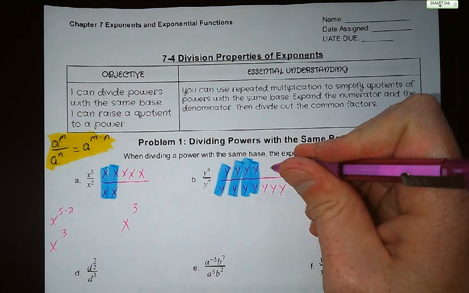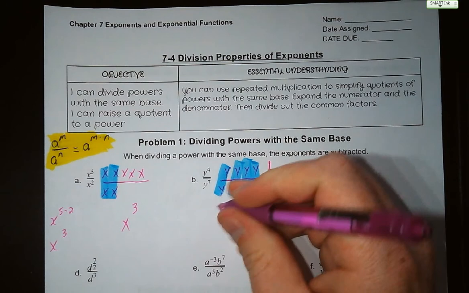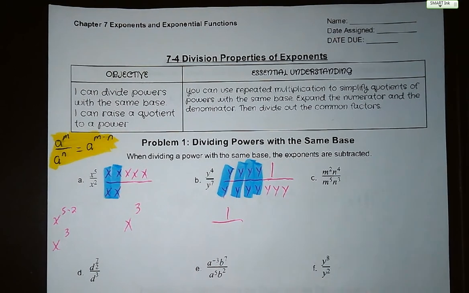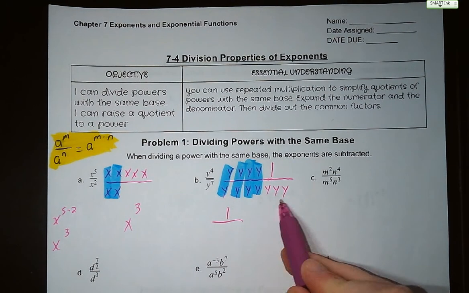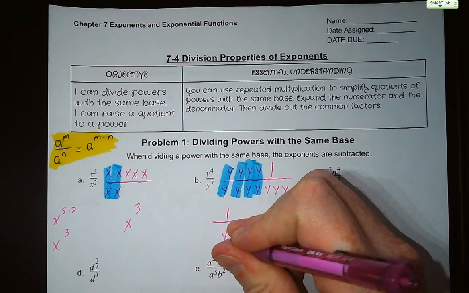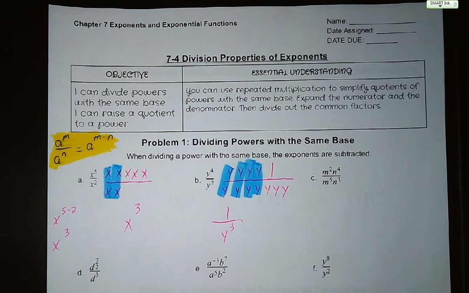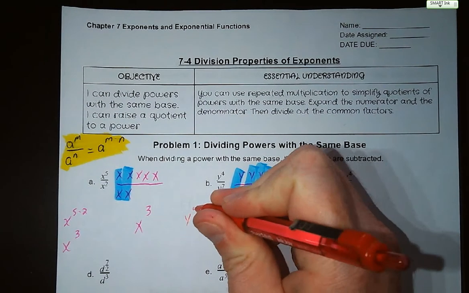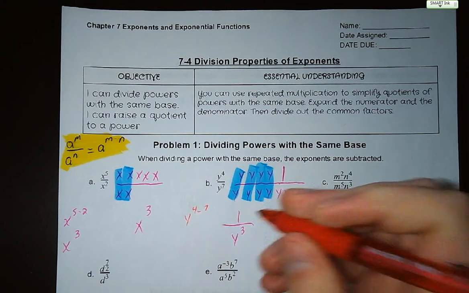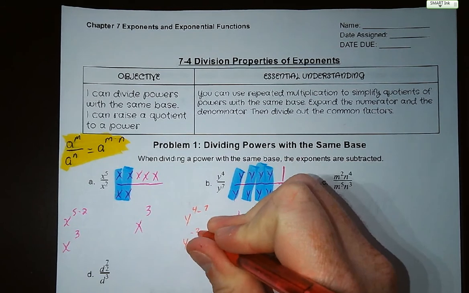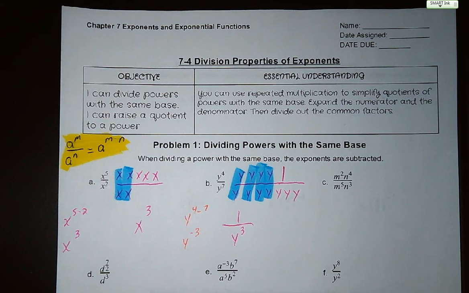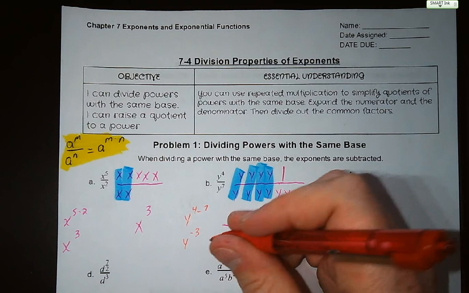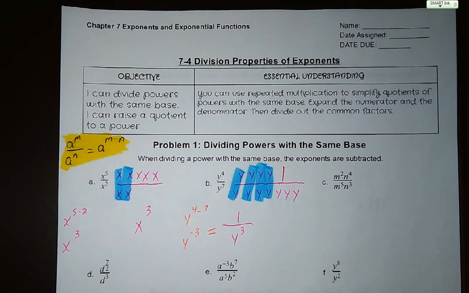Well, there's that coefficient of 1. So I have a 1 over how many y's do I have remaining? 3, y to the 3rd power. Now, if we were to do this algebraically instead of expanding this out, it would be y to the 4th minus 7th, or y to the negative 3rd. And we know that if we have a negative exponent, Mr. Boland and Ms. Zirzo expect that we are going to rewrite it with a positive exponent.